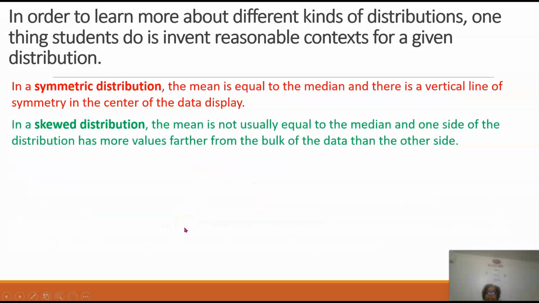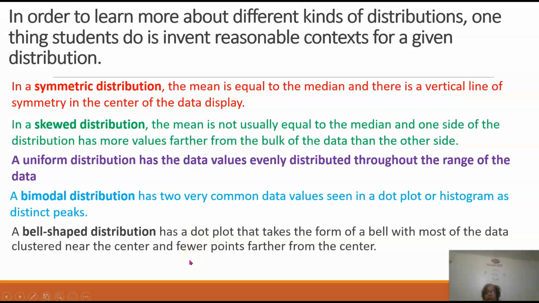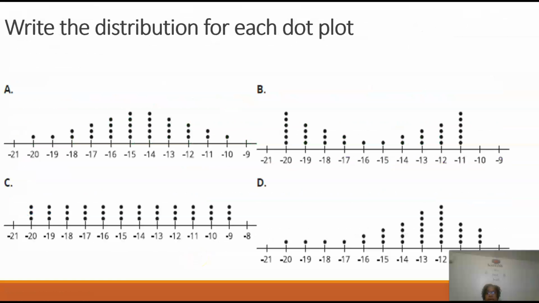A bimodal distribution has two very common data values, seen in a dot plot or histogram as distinct peaks. A bell-shaped distribution has a dot plot that takes the form of a bell, with most of the data clustered near the center.